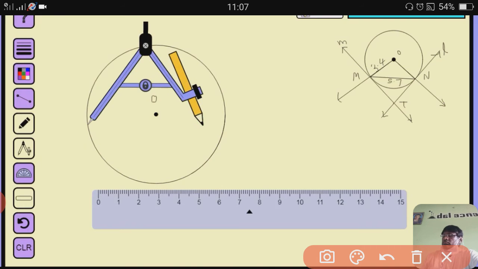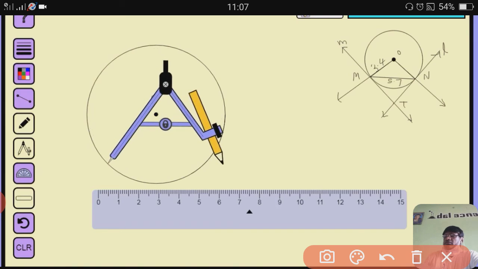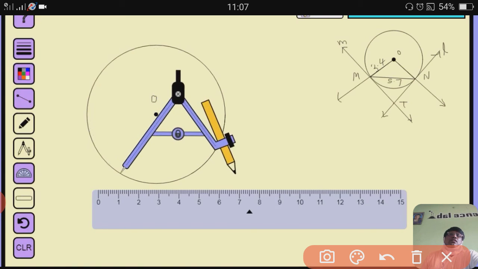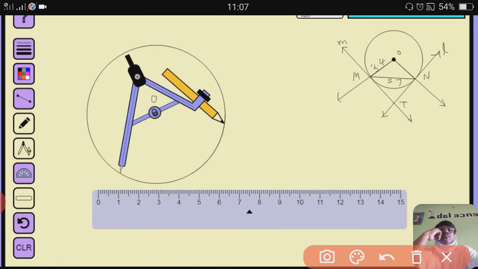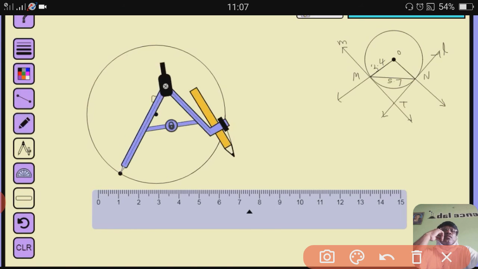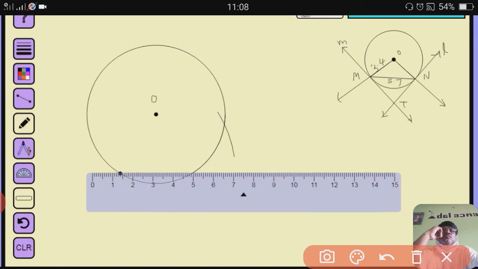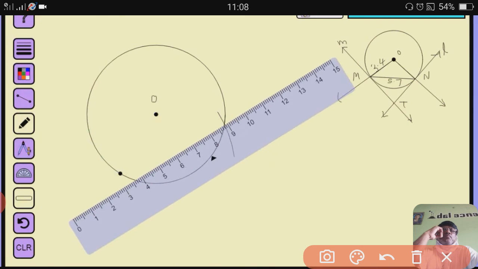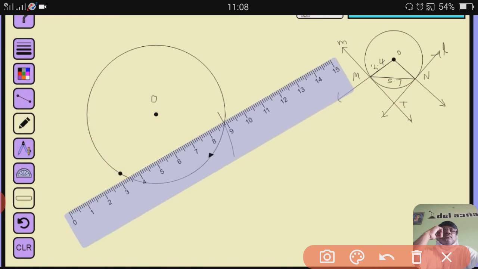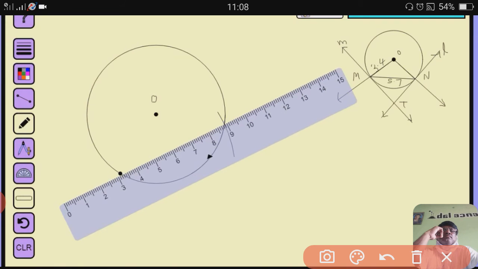Steel point on the circle, and intersect the arc on the circle. Chord MN is 5.7 centimeter. Join points M and N.